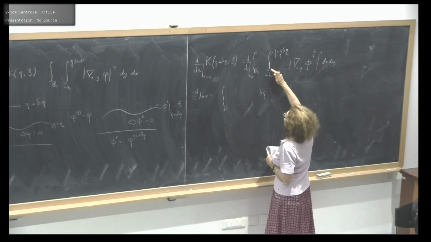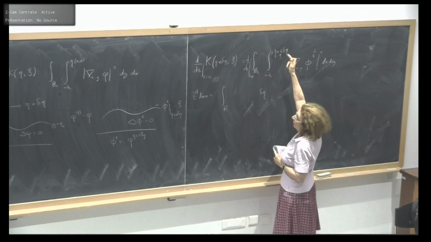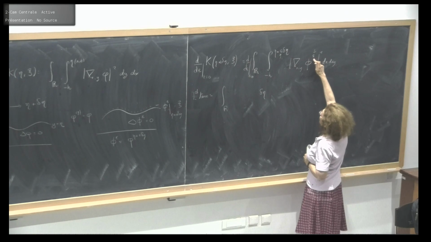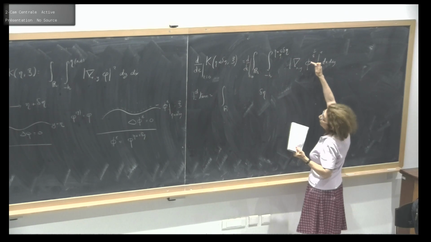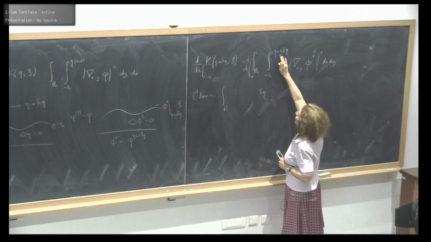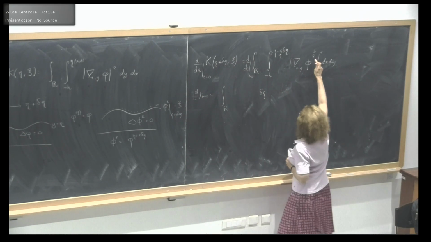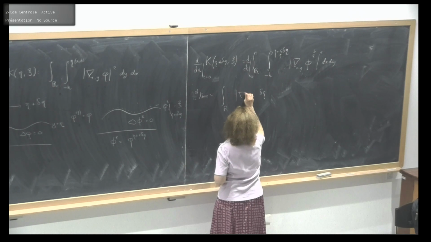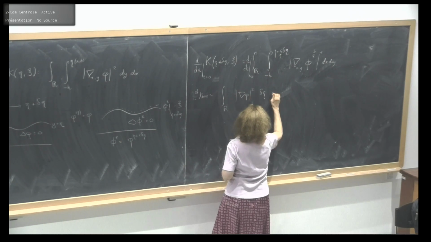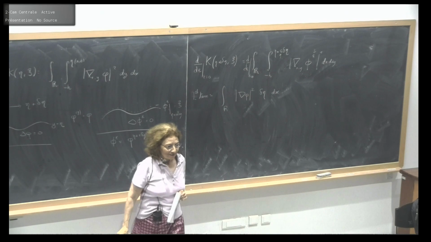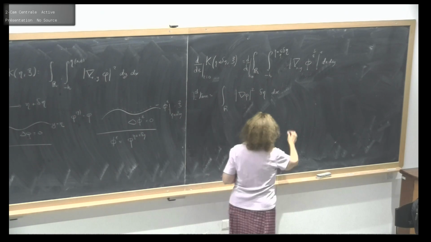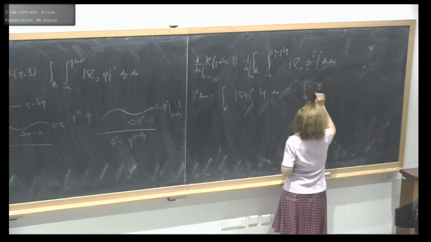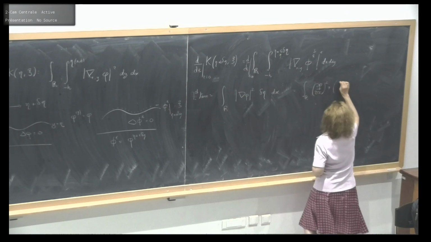So the differentiation of an integral with respect to the upper limit, and I have to replace epsilon by 0. As epsilon equals 0, it's exactly phi. So I write here dx. Are we okay? And this one, if you remember, is d phi dx squared plus d phi dy squared.